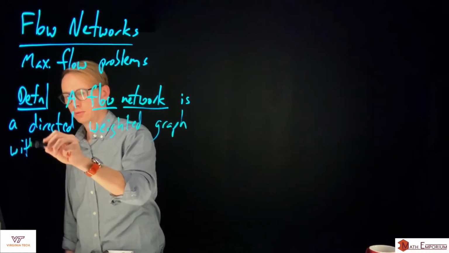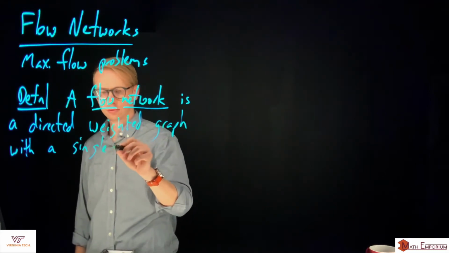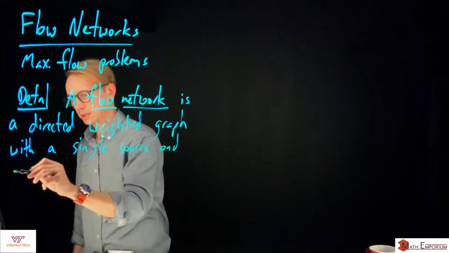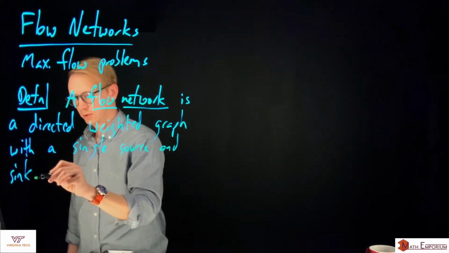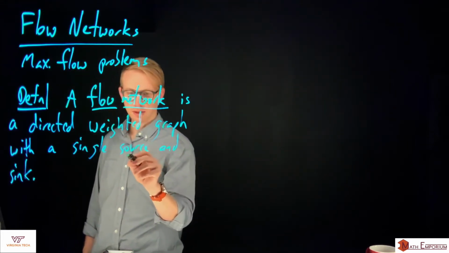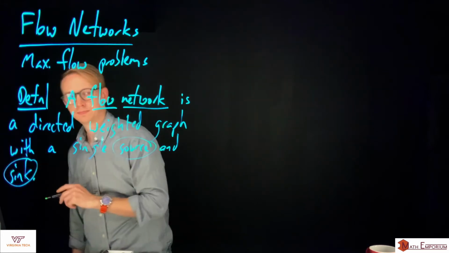With a single source and sink. Okay, this is pretty typical for the way I like to define things. Of course, what's missing here is source and sink. We'll define these shortly.